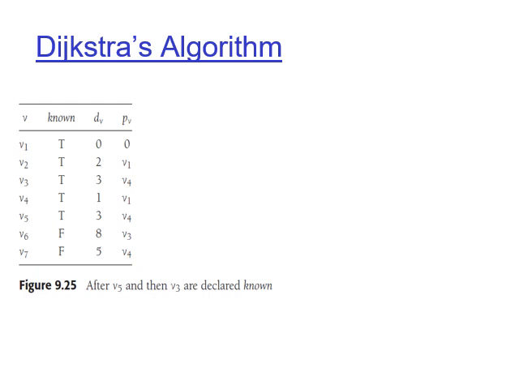So this is what we have after we have declared V5 and V3 known. V1 is known, V2 is known, V3, V4, V5, and now we are still left with V6 and V7. Look at V6: the dV of V6 is now updated to 8 and its predecessor is updated to V3. So the current table says that if you want to go from V1 to V6, go via V3.